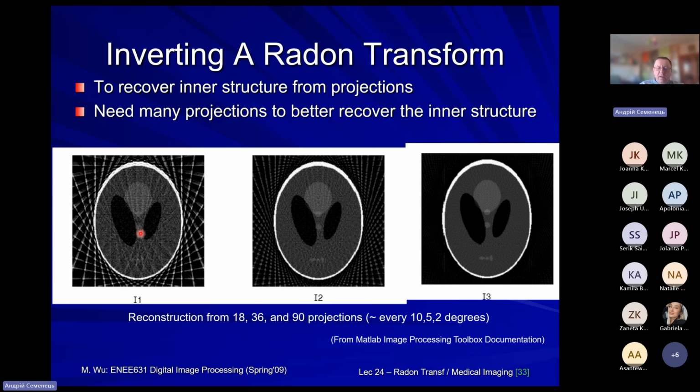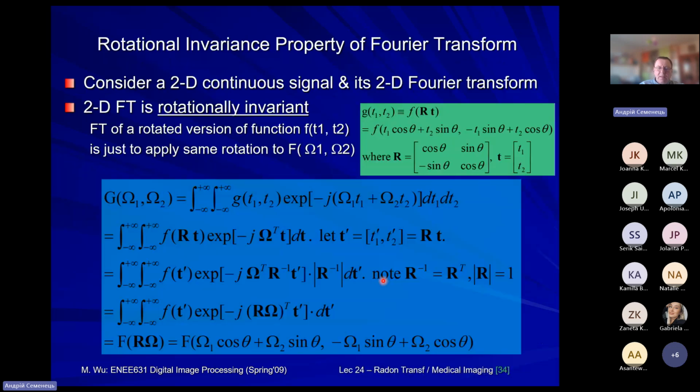Here we have 18, 36, and 90 projections. And the so-called Fourier transformation helps with inverting the Radon transformation. As you can see, it's quite advanced mathematics. That's what our final outcome is here.